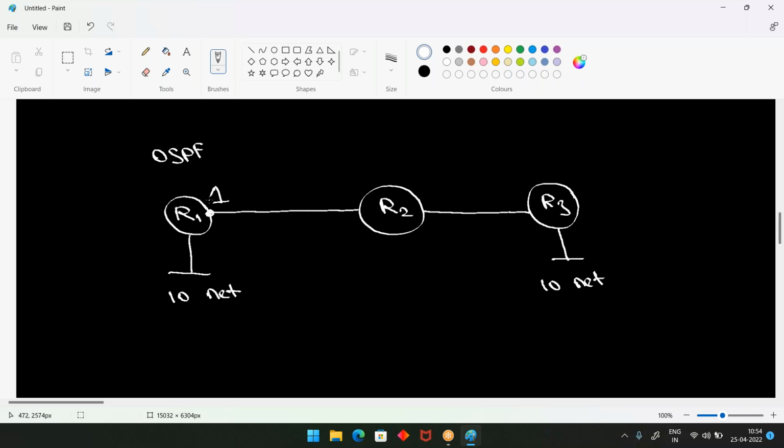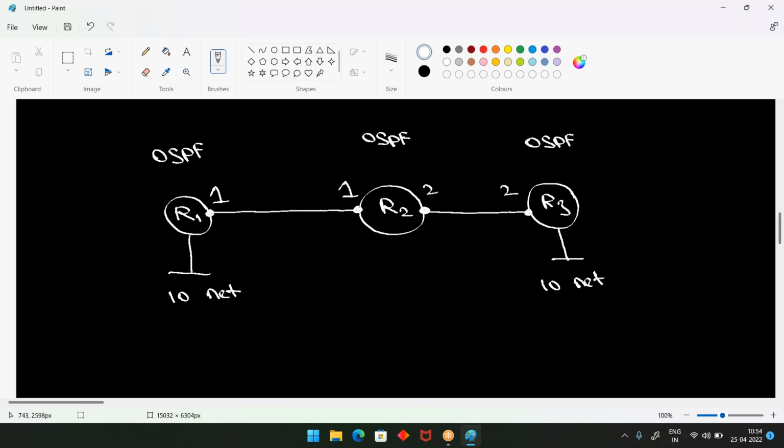In R2 I also configure the OSPF protocol and advertise the interface toward R1 into OSPF area 1, and the interface toward R3 into OSPF area 2. In R3 I also configure OSPF and advertise this interface into OSPF area 2.